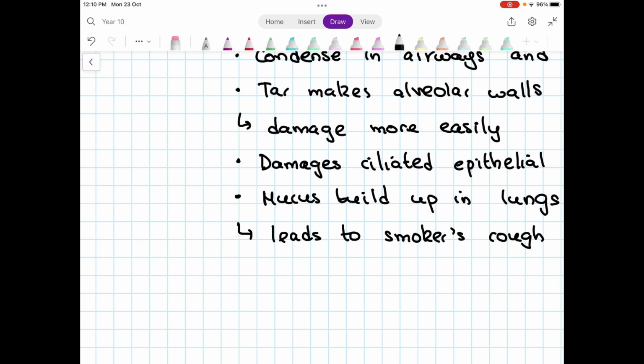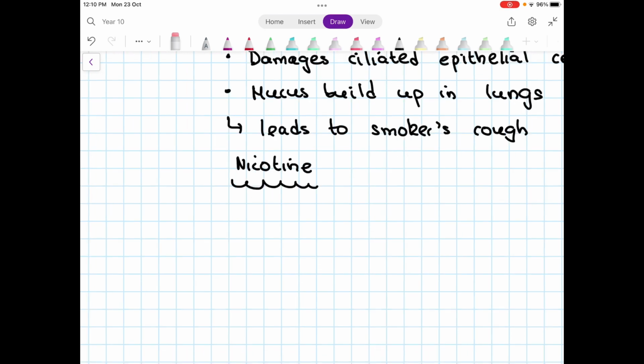The final component of cigarettes that we're going to focus on is nicotine. Nicotine is the addictive component of smoke. It is a type of drug known as a stimulant, and it releases adrenaline.